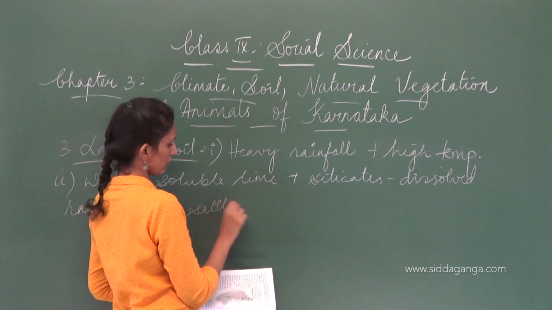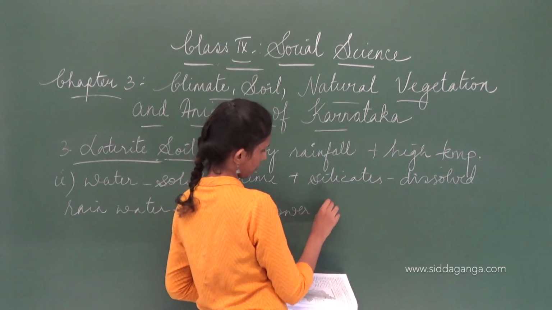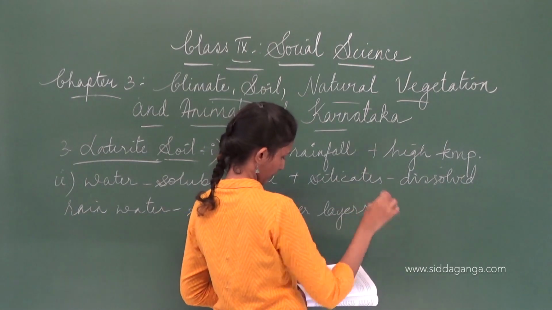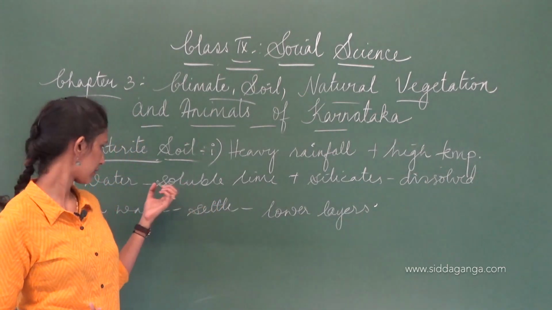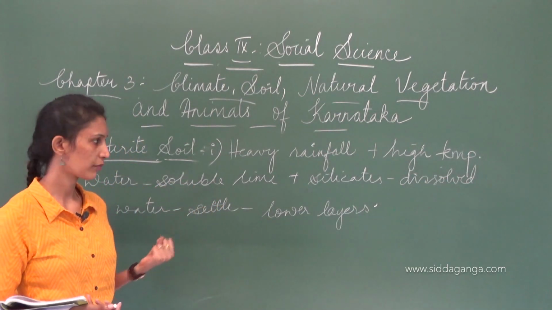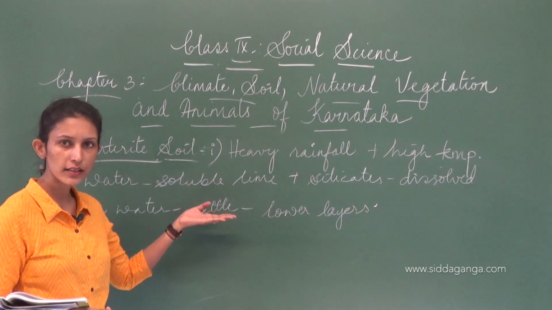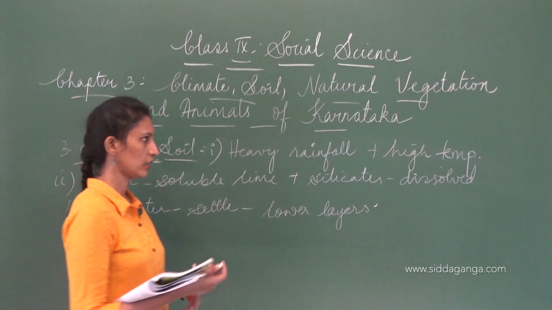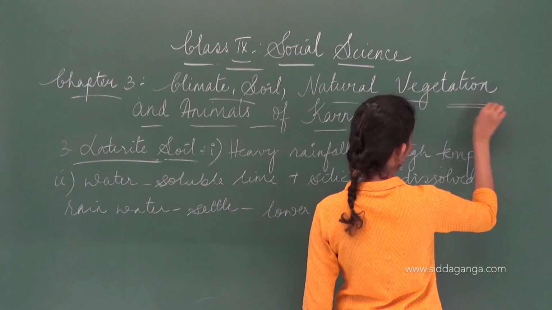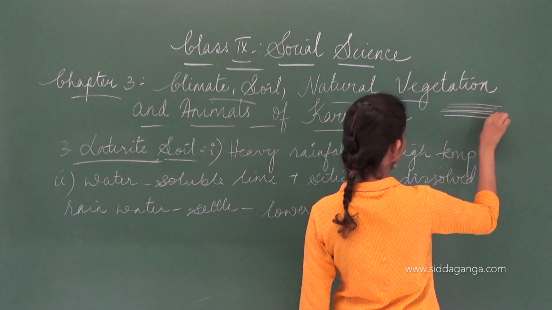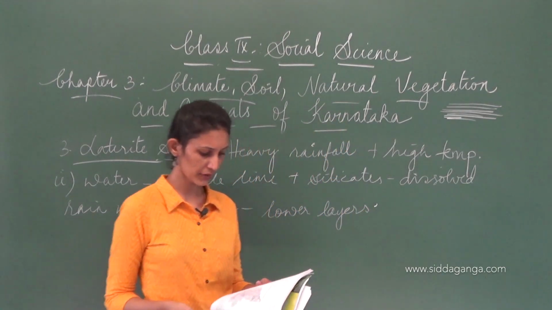They settle in the lower layers. Soil also has its layers. The topmost layer is what you can see, everybody stamps on it and goes on. So the lowermost layer has this component.